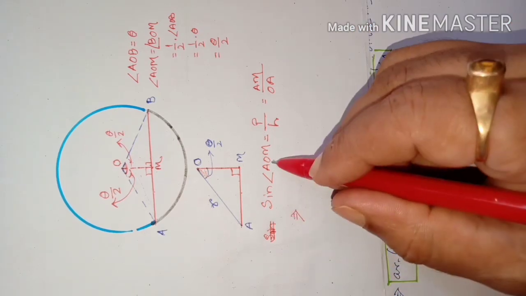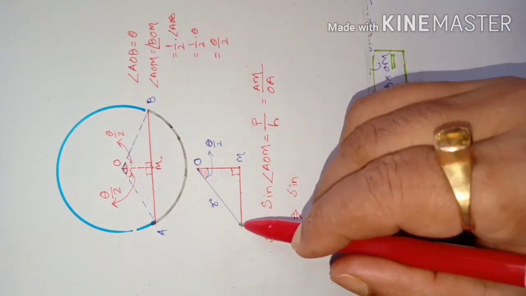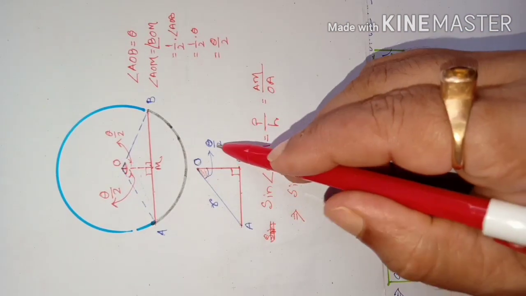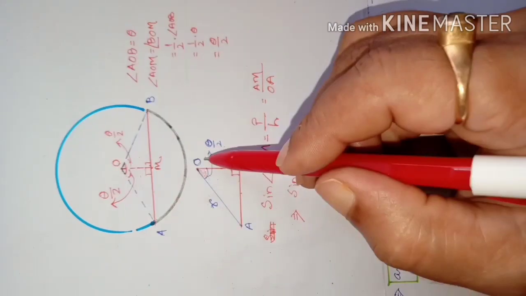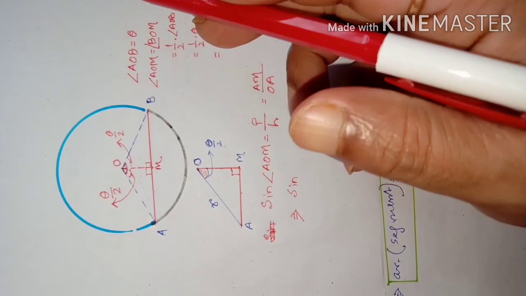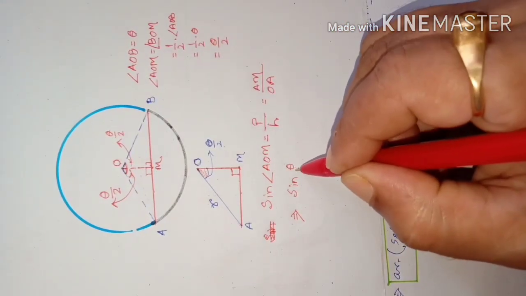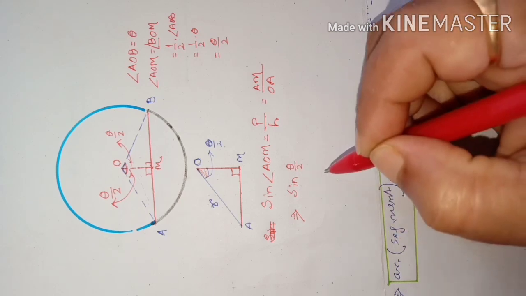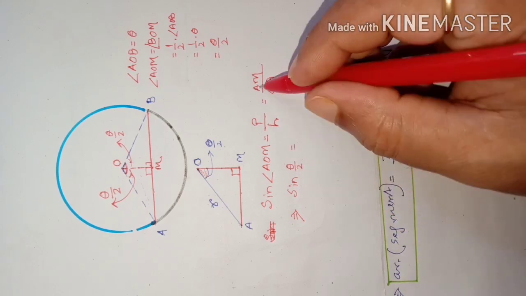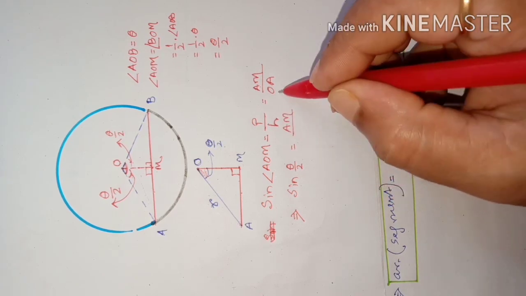So this line only, you concentrate. Sine of angle AOM. What is the value of AOM? I said theta by 2 because it was a part of AOB, and AOB will be given to us in our questions. So AOM we will write as theta by 2, is equal to AM over OA. What is OA?